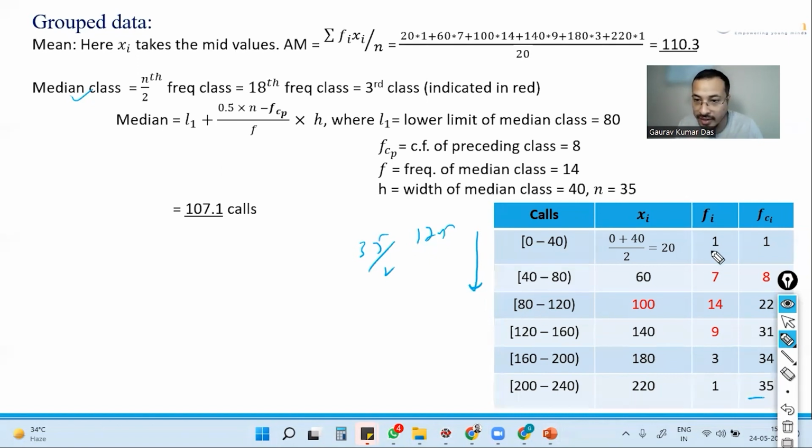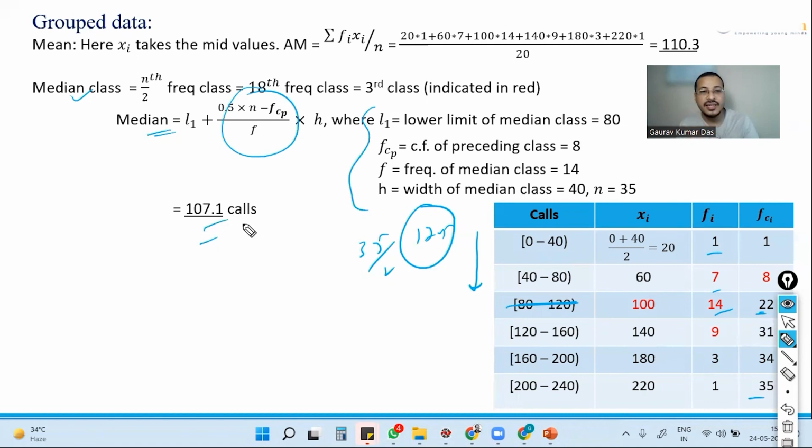So here, 1 plus 7 is 8, 8 plus 14 is 22, which has crossed 17.5. So this becomes my median class, which is nothing but the third class here. And median value is equal to L1 plus this formula, where we have all these different sets of formulas, to get the median value, which is 107.1 calls.